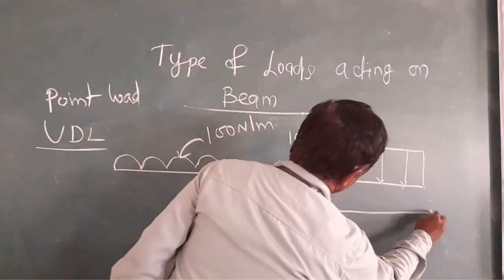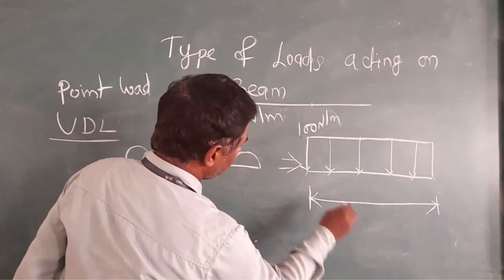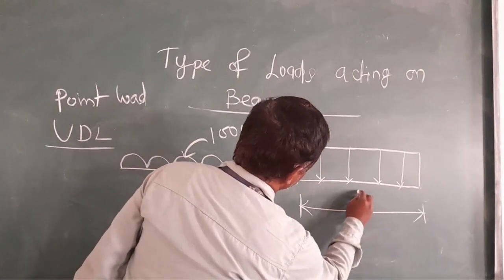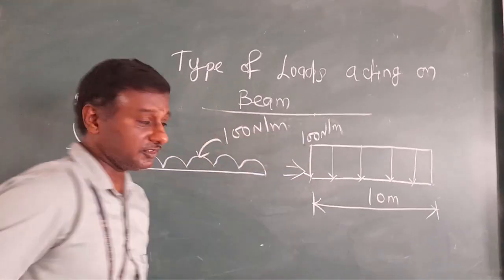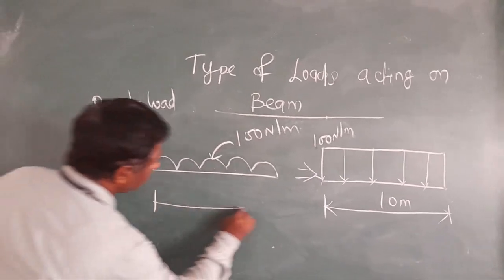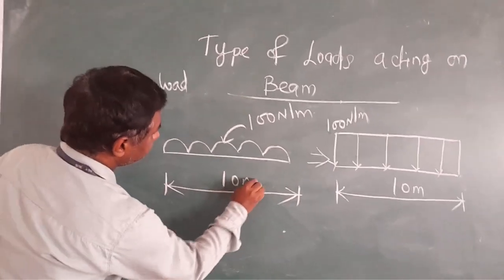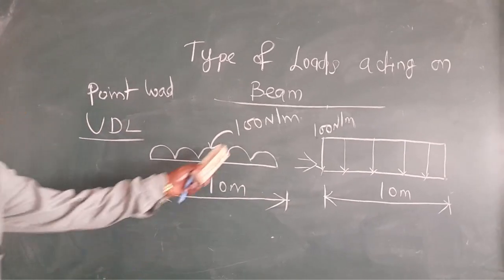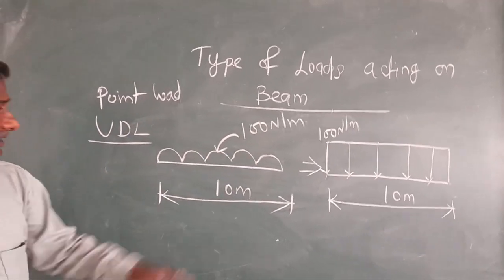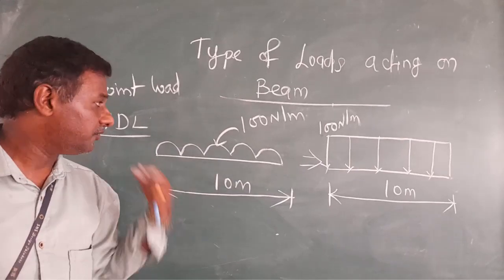Let's take the span of the beam as 10 meter. Now how can we get the total load due to this uniformly distributed load?